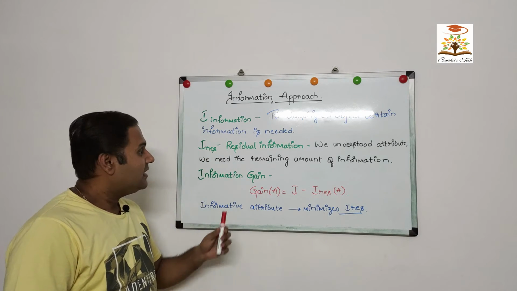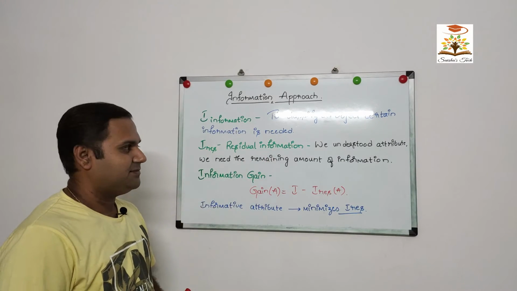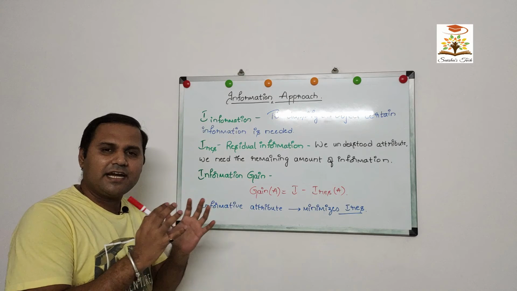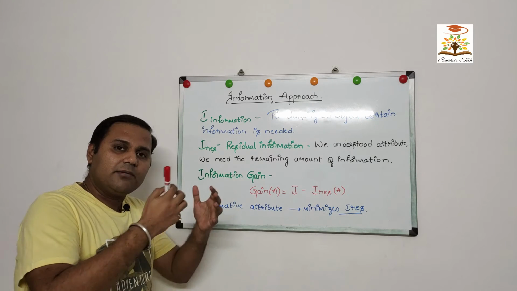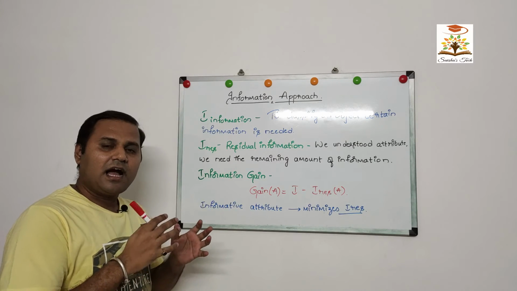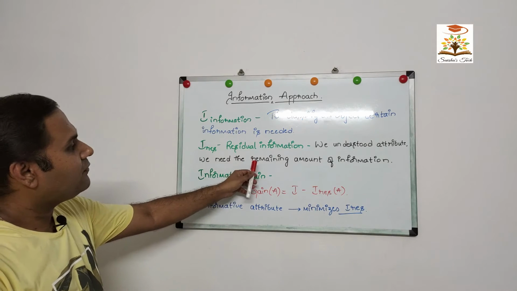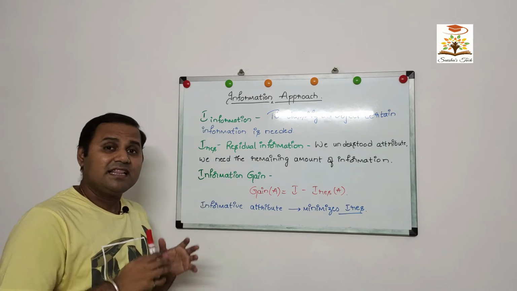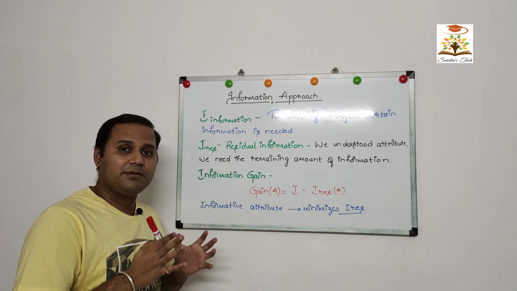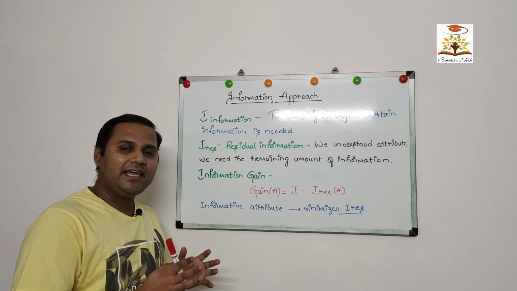Residual: it is the residual information whenever we learn about an attribute. After learning about the attribute, there is a certain amount of information which is remaining. That remaining information is called the residual.